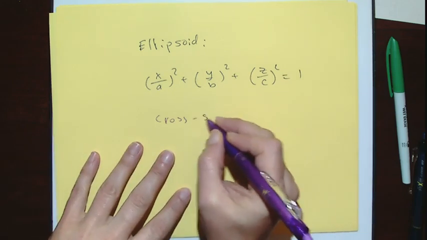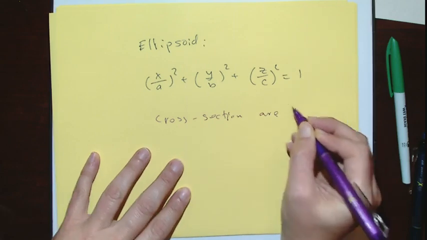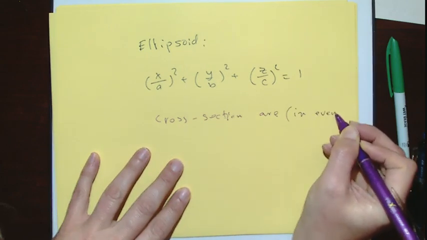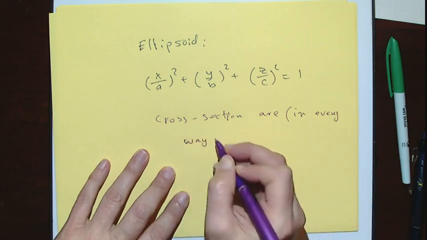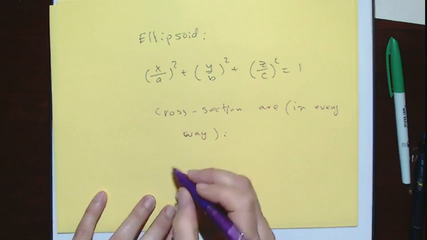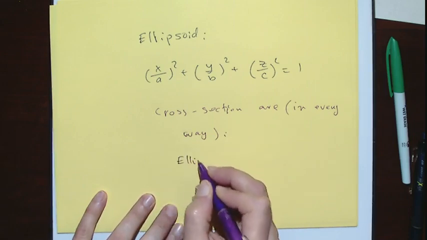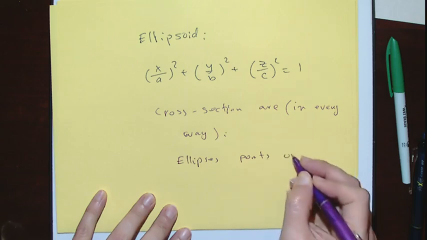But the cross sections are in every direction, every way, every 3 ways, right? And so they are ellipses, points, or nothing.